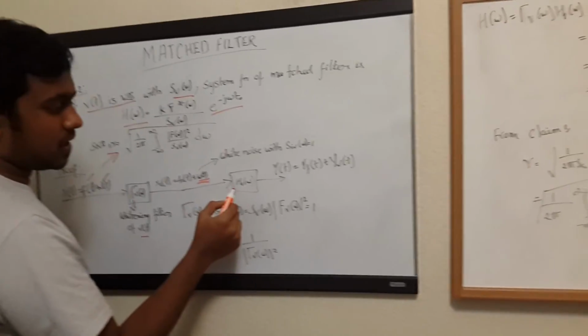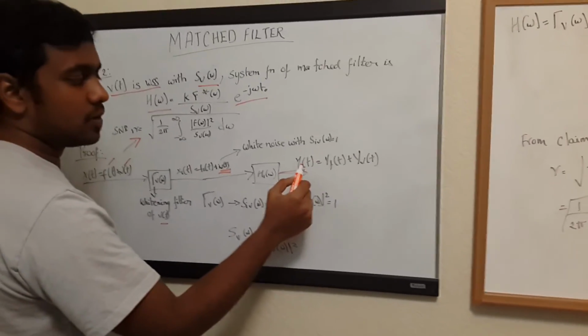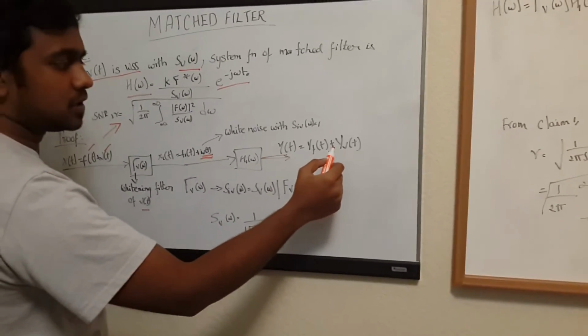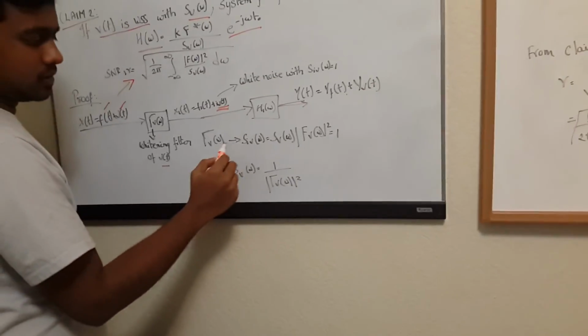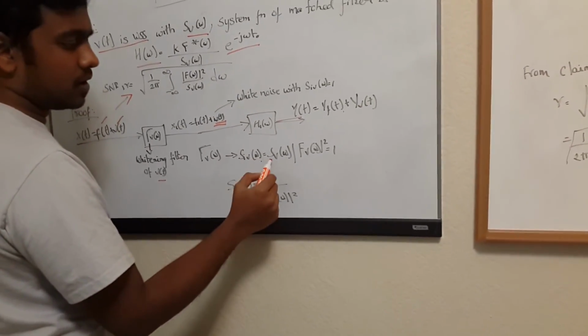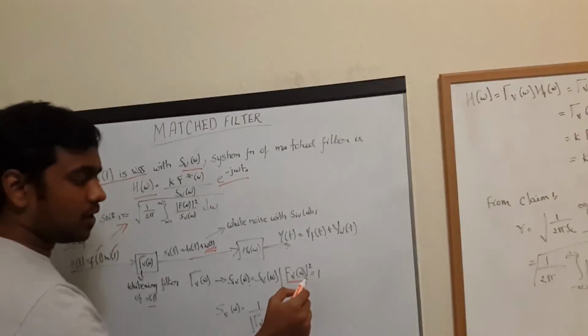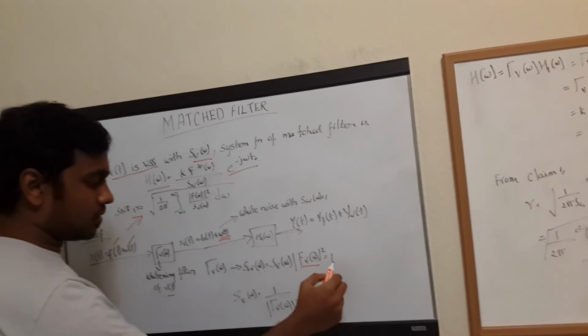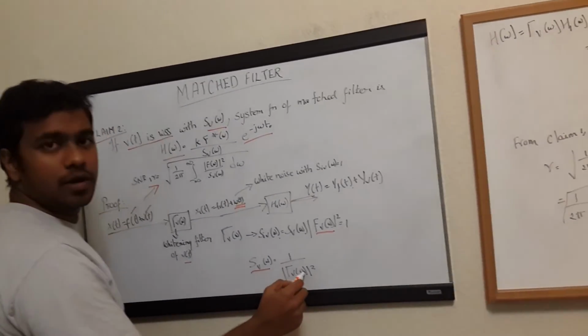Now this input is passed through an LTI system H1(omega) and the output is given by y(t) equal to yf(t) plus yv(t). The whitening filter is given by Siv(omega), which in turn is given by Sv(omega) into modulus of the whitening filter of omega the whole squared, which is equal to 1. Therefore Sv(omega) equals 1 by modulus of the whitening filter of omega the whole squared.